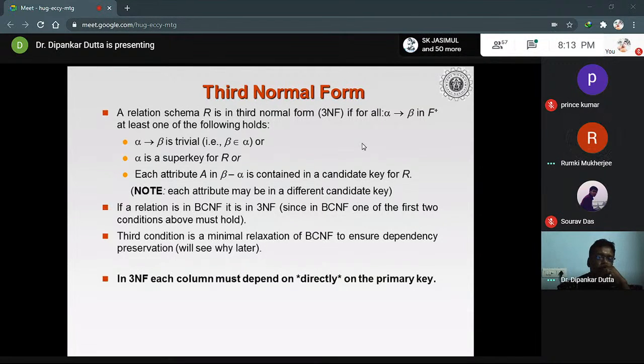Or suppose A implies B. In that case, A must be the super key. If alpha implies beta, alpha must be the super key.